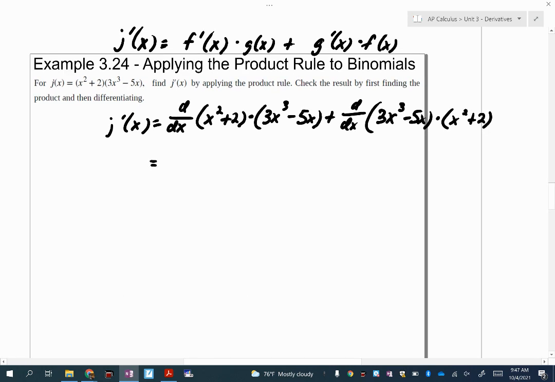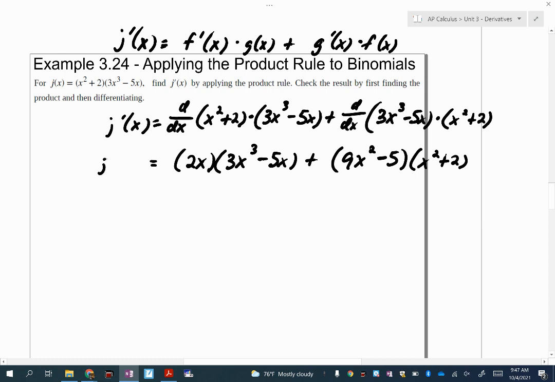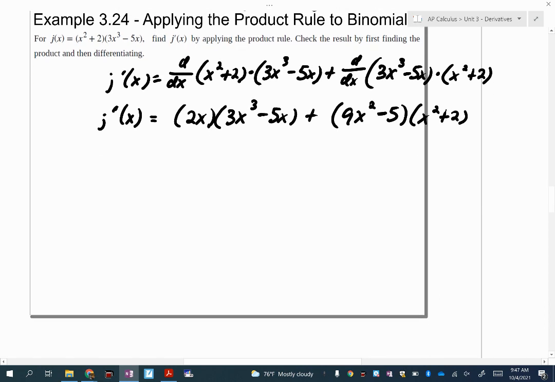All right, here we go. The derivative of x squared plus 2 is going to be 2x, times 3x cubed minus 5x, plus the derivative of 3x cubed minus 5x, which is 9x squared minus 5, times x squared plus 2. So now it just becomes, at this point, an algebra problem. We're distributing and combining like terms.